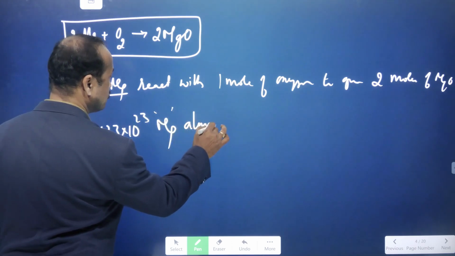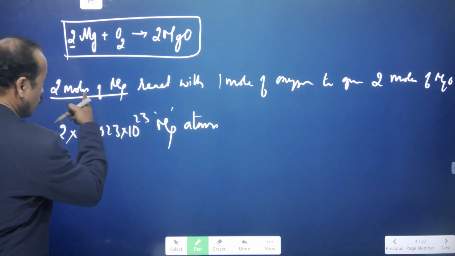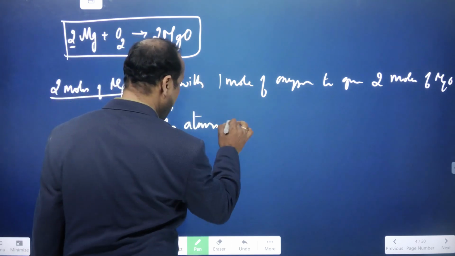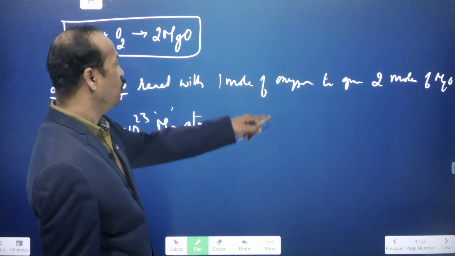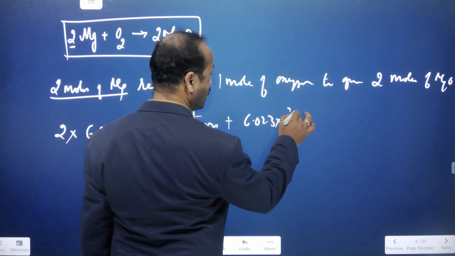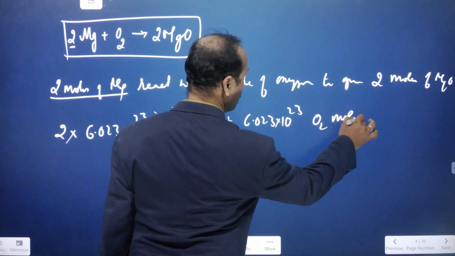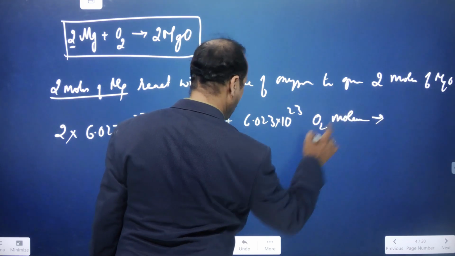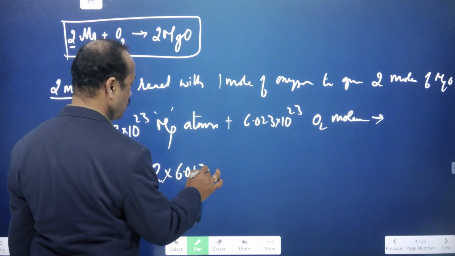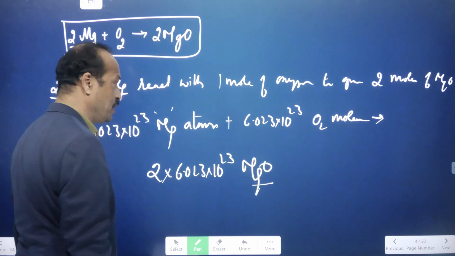React with 1 mole, which means 6.023 into 10 to the power of 23 oxygen molecules, to form 2 moles of magnesium oxide, that is 2 into 6.023 into 10 to the power of 23 magnesium oxide molecules. The meaning is this.